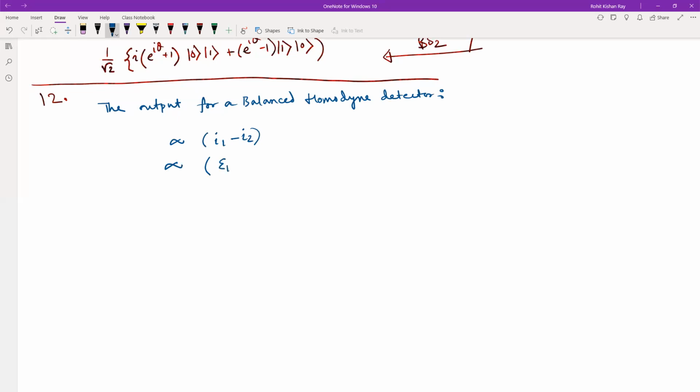in the form of the electric field. This can again be broken apart in terms of the local oscillator electric field amplitude and the local oscillator mode.